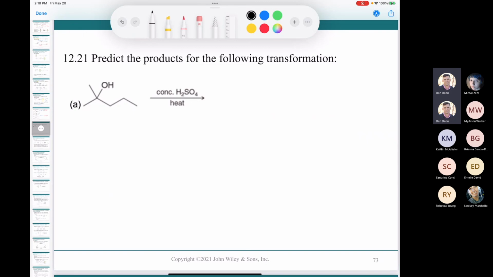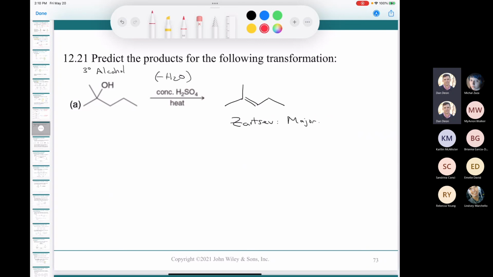It says predict the products of the following transformation. We're taking a tertiary alcohol, and we're treating it with sulfuric acid, and we're heating it up. So that's going to cause water to be removed or eliminated from the molecule. And since we're heating that up, the major product is going to be the Zaitsev product. So this is our Zaitsev product, which would be the major product.